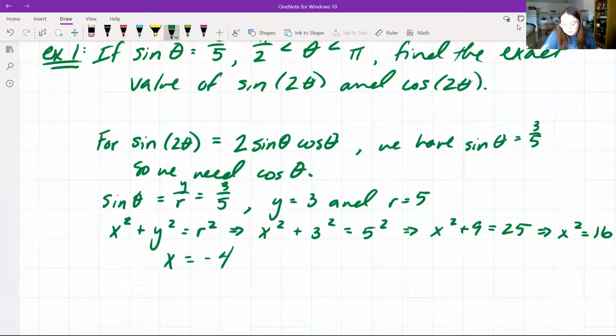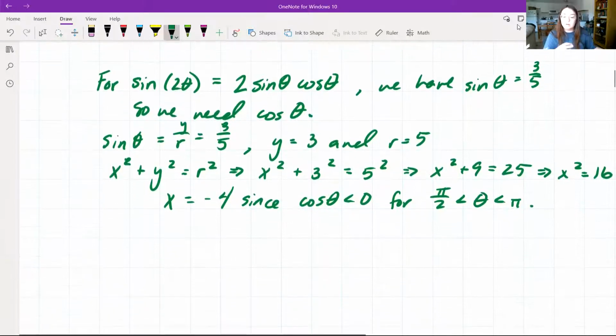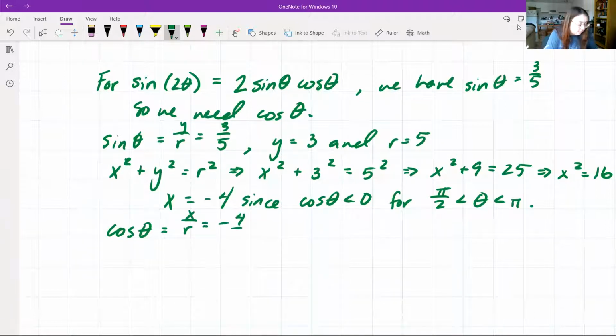So we say x is equal to negative 4 since cosine of theta is less than 0 for theta between pi over 2 and pi. So now we have our value of x. This means that cosine of theta, which is equal to x over r, is equal to negative 4 over 5.